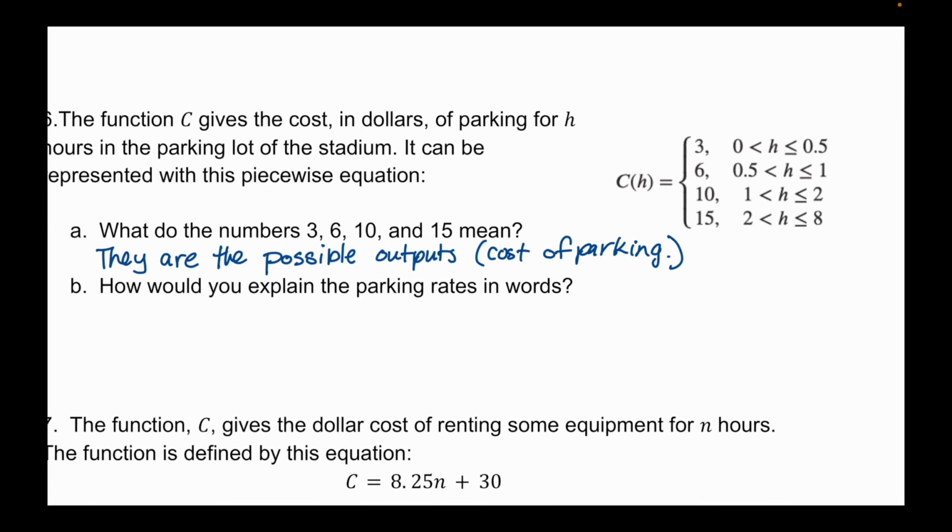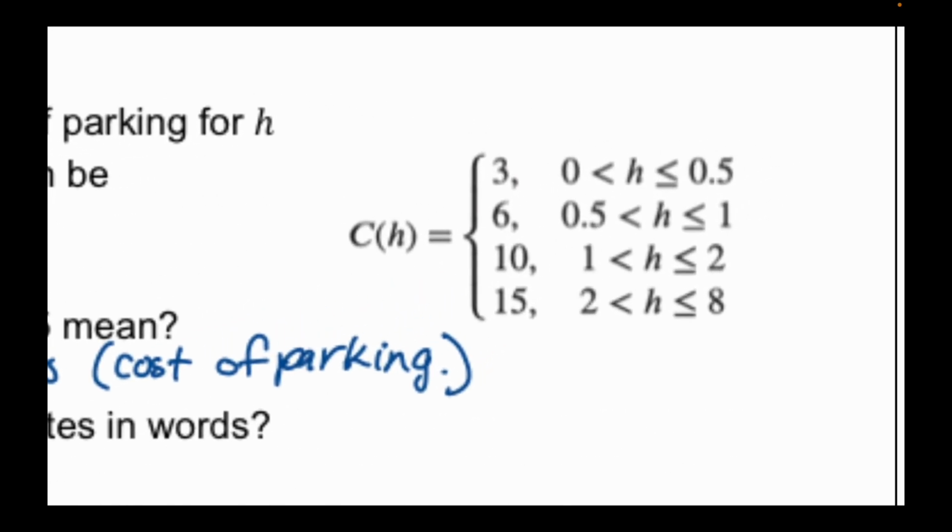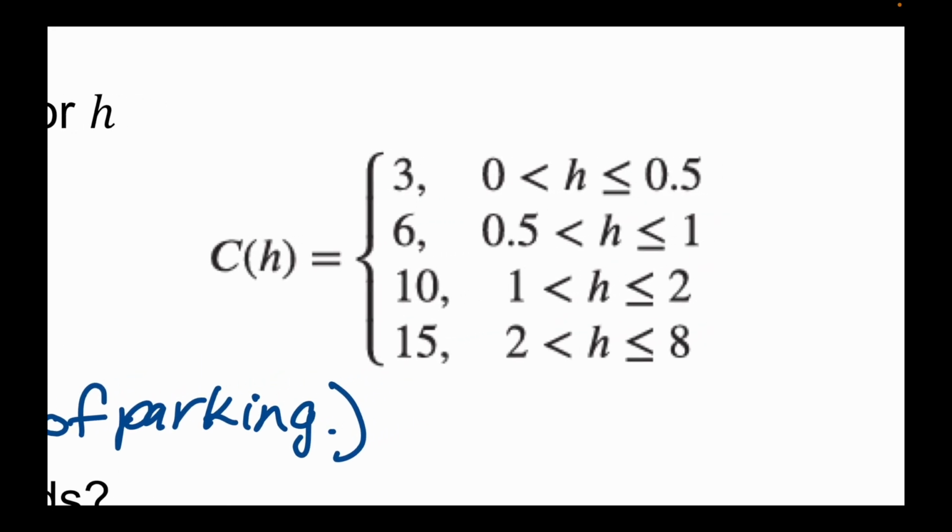Okay, so how would you explain the parking rates in words? So let's zoom in a little bit more on this, that way you can see better what I'm talking about. For the first 30 minutes, it's $3. For the next 30 minutes, it's $6.